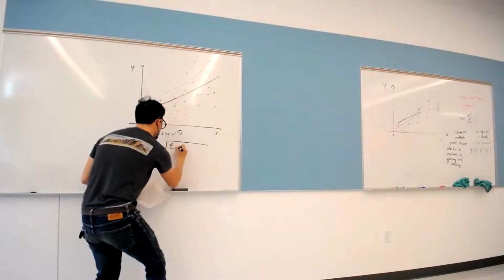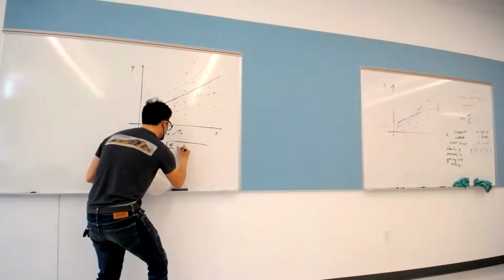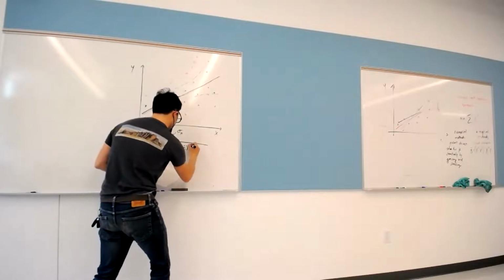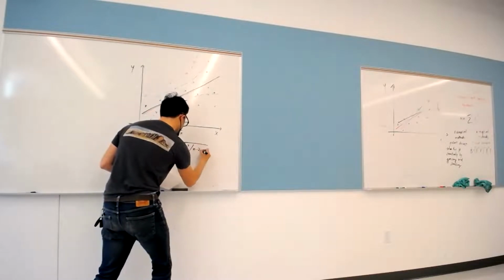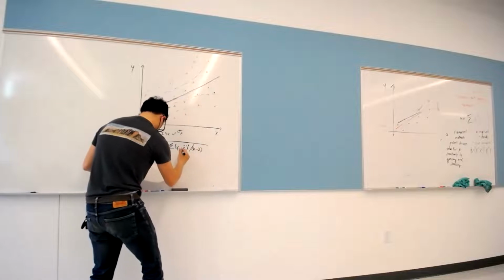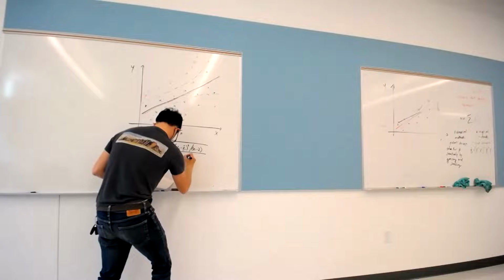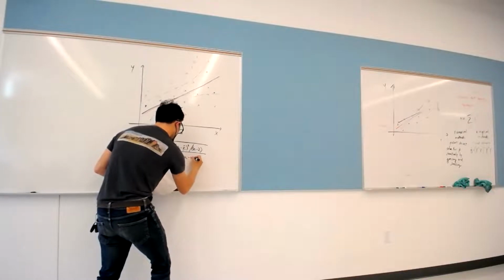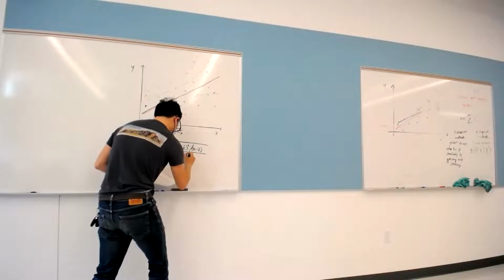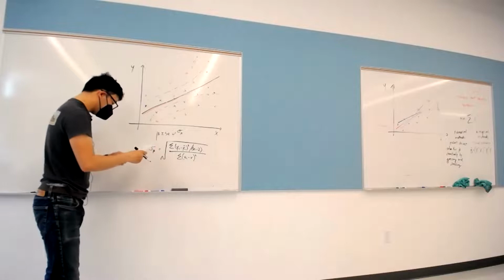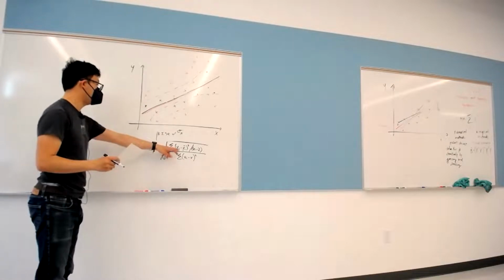So this is the sum of yi minus yi hat squared, divided by n minus 2, and all of this divided by the sum of xi minus x bar squared.